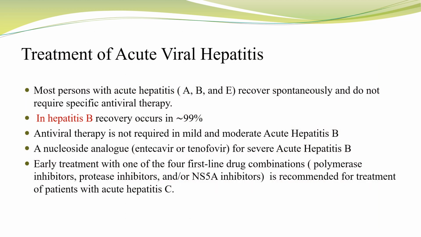The treatment of acute viral hepatitis is, as we know, most cases recover spontaneously and do not require specific antiviral therapy. In hepatitis B, recovery occurs in 99%. In case of mild to moderate acute hepatitis, we do not need to use antiviral, but for cases of severe acute hepatitis, we can use nucleoside analog.